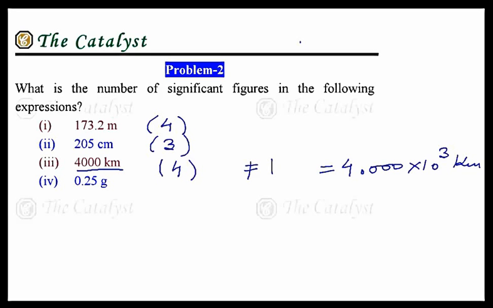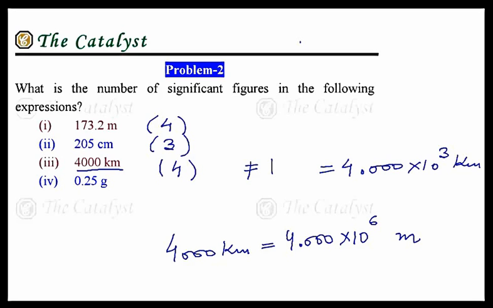If I wish to write this 4000 kilometers in terms of the unit meters, what I am supposed to write is 4.000 into 10 to the power 3 for the zeros, and when you convert kilometer to meter, there will be another 3. That means 10 to the power 6.